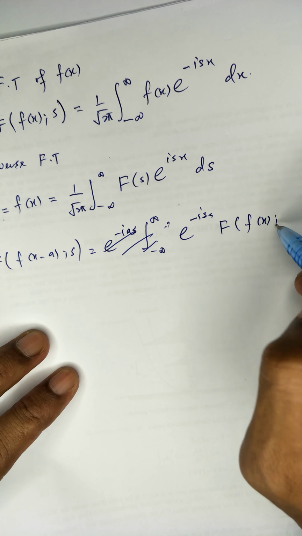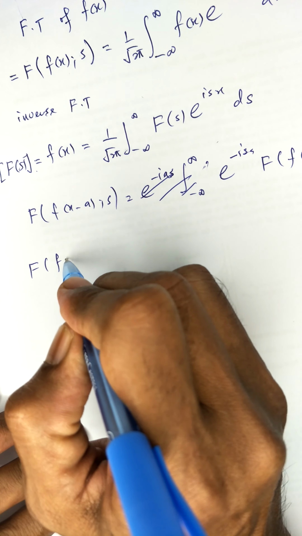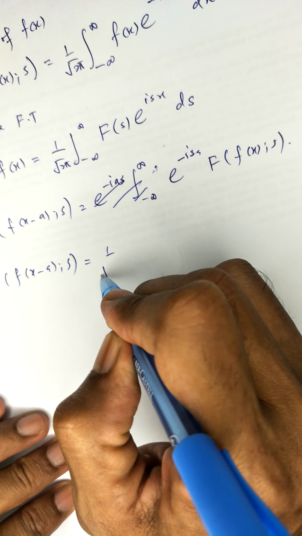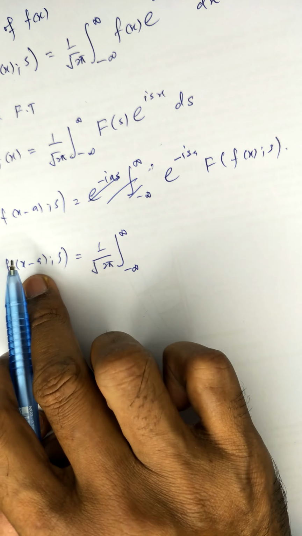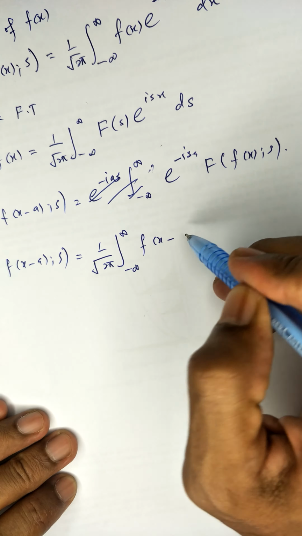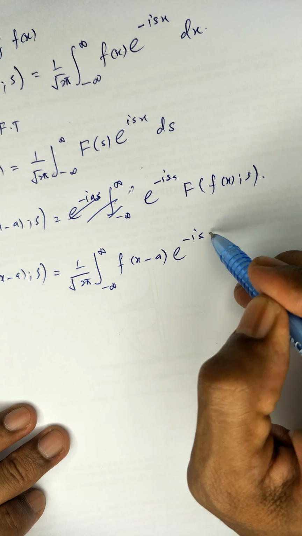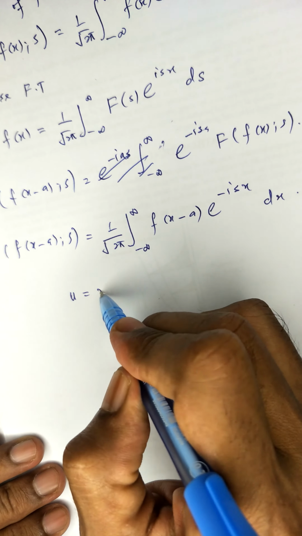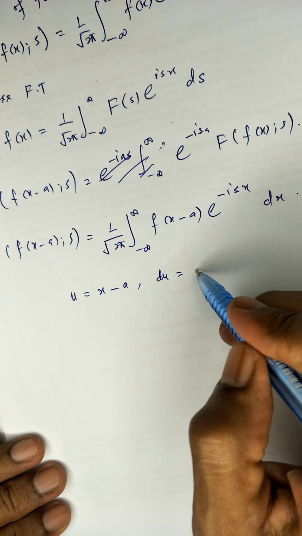So we use the definition. The Fourier transform of the function f(x minus a) is 1 over square root of 2 pi, integral from minus infinity to infinity of f(x minus a) e to the minus isx dx. If I use a substitution, let u equal x minus a, so du is equal to dx.